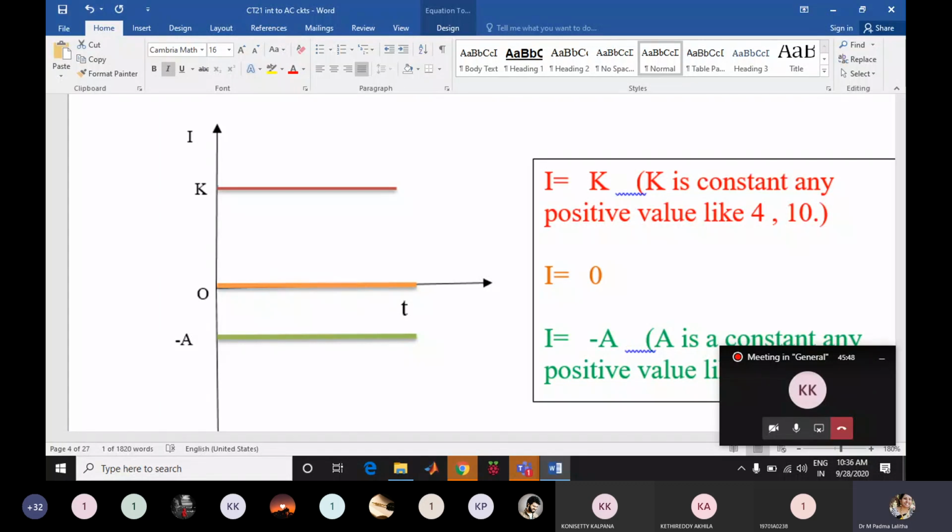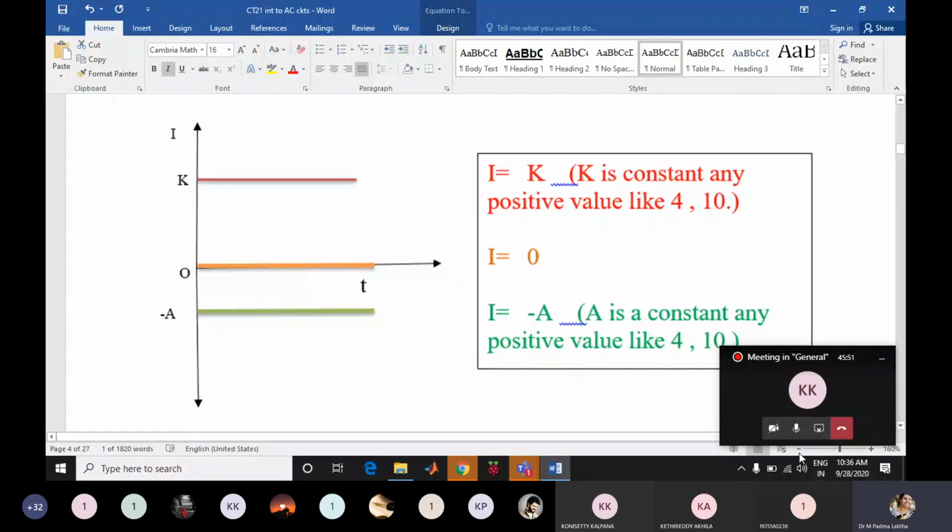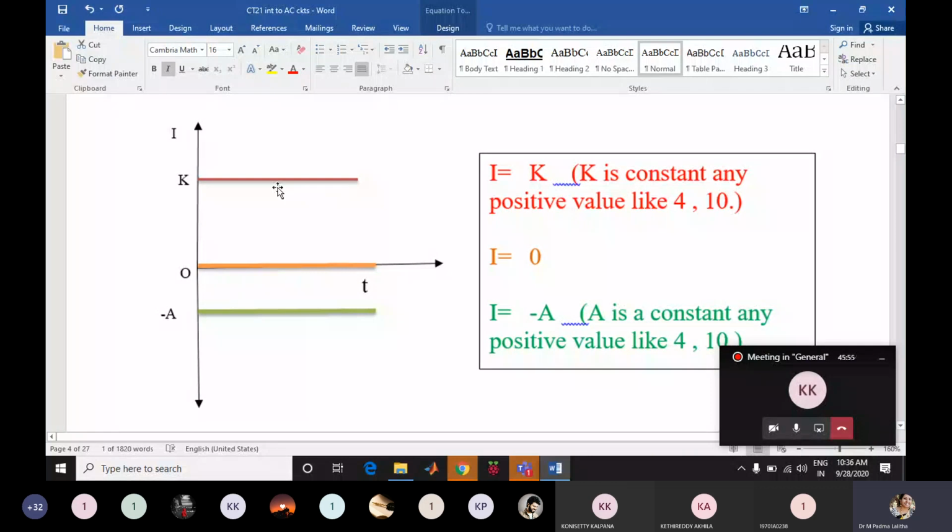First consider the horizontal lines. The horizontal line may be on the x-axis, that is the time axis, or above the x-axis or below the x-axis. If it is above the time axis, it is represented by the function equal to k. So i of t is equal to k, or f of t or v of t is equal to k.